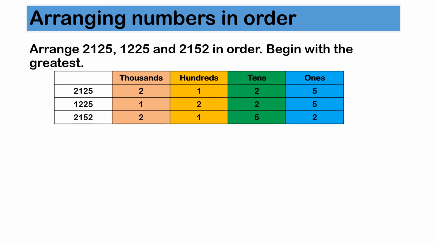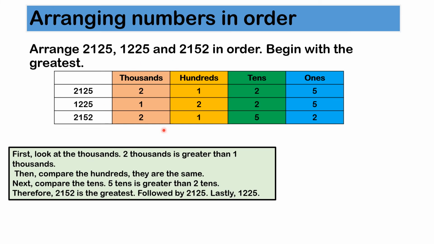So now, let's arrange the numbers given, beginning with the greatest. At first, again, we have to arrange the numbers in place value charts so that we can compare more easily. To compare, we begin by looking at the thousands.